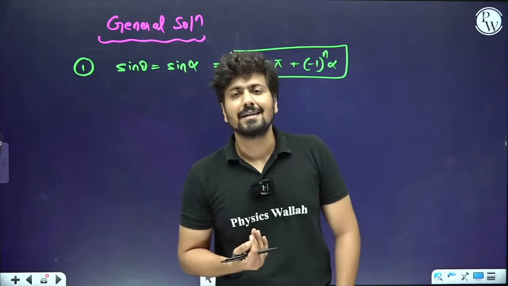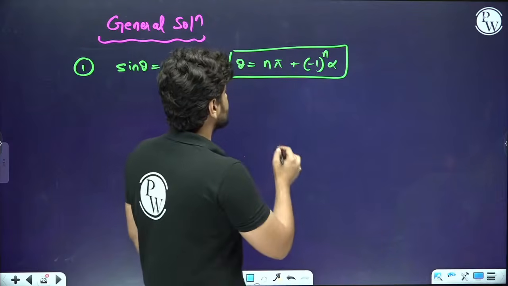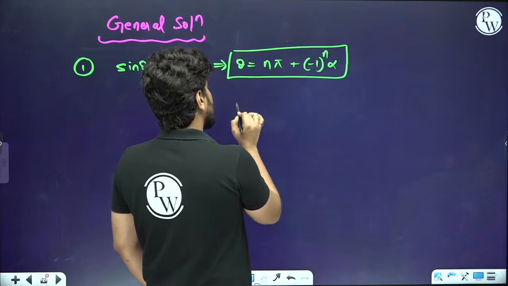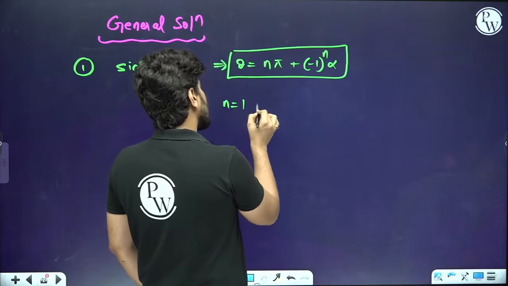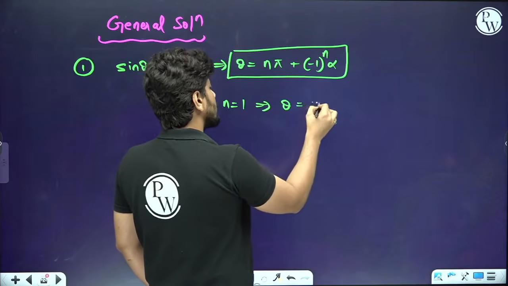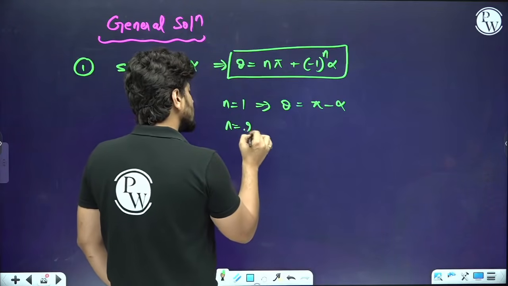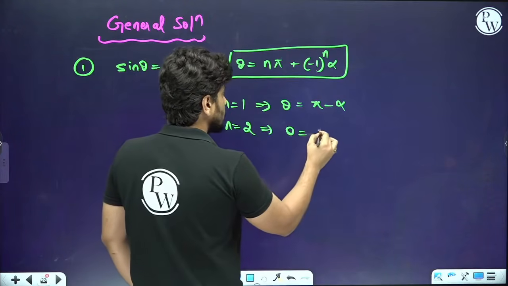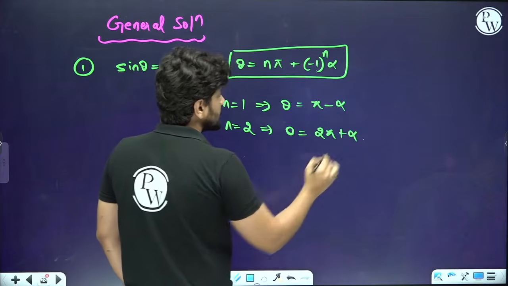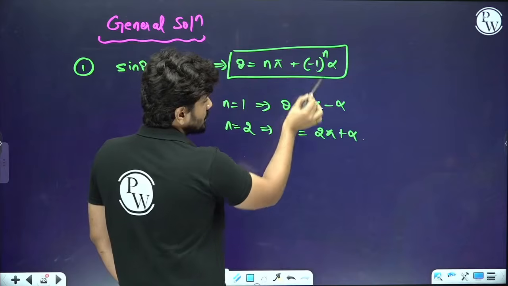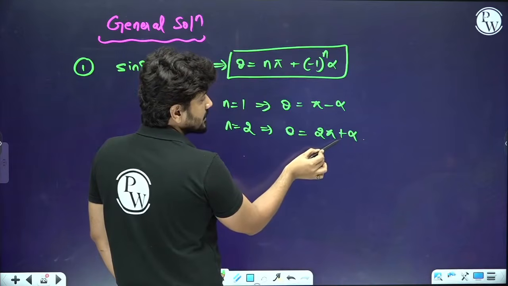See, if you put n as 1, we get theta is equal to pi minus alpha. If you put n as 2, we get theta is equal to 2 pi plus alpha, right? If you put n as 2, we get 2 pi, and minus 1 raised to the power 2 will be plus 1. That is why there is plus over here.